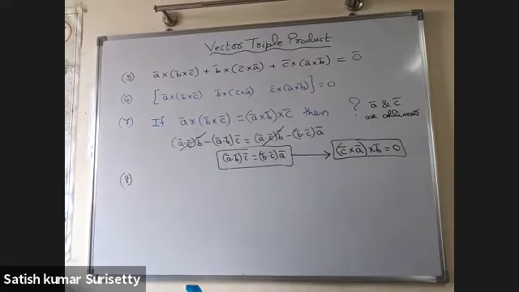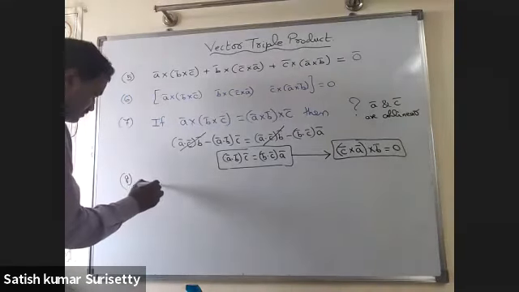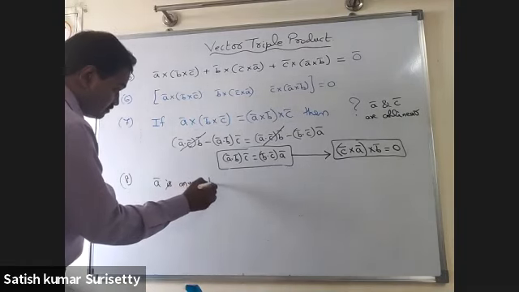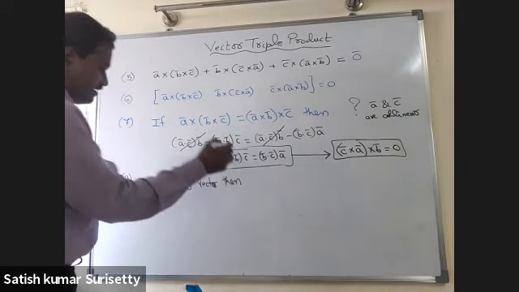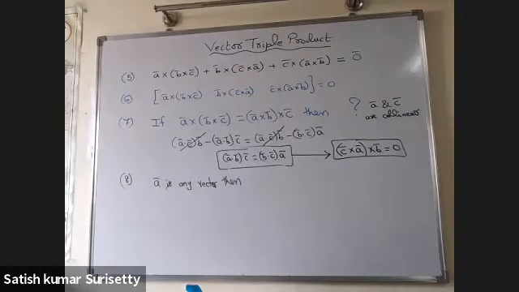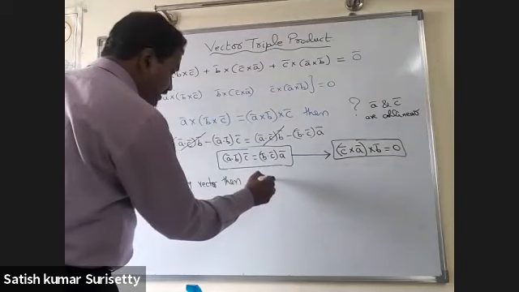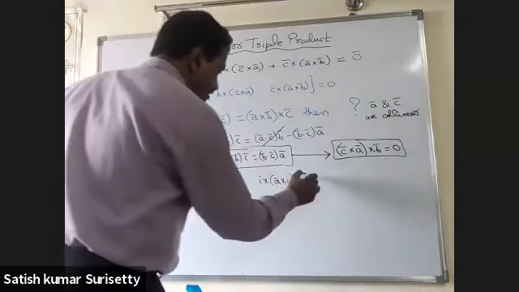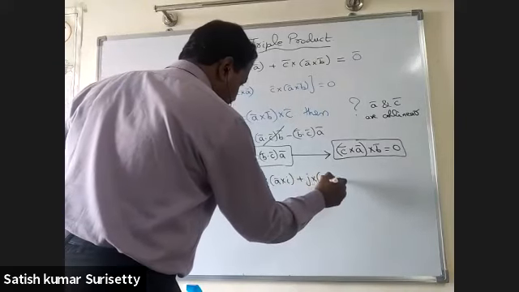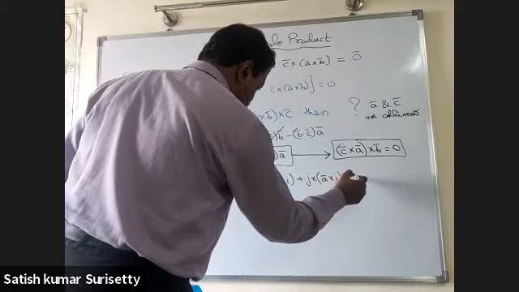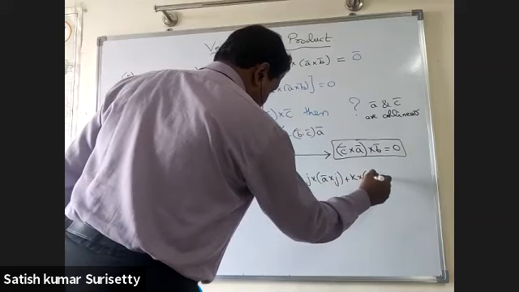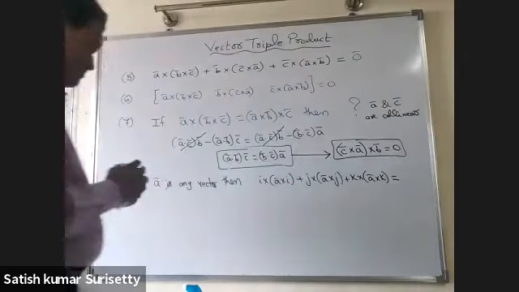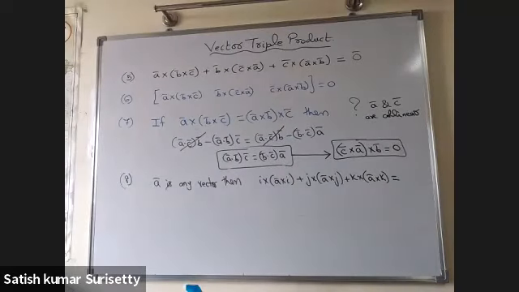Next. If A bar is any vector, then I cross A cross I plus J cross A cross J plus K cross A cross K. What could this be? Can you guess, anybody? A vector?